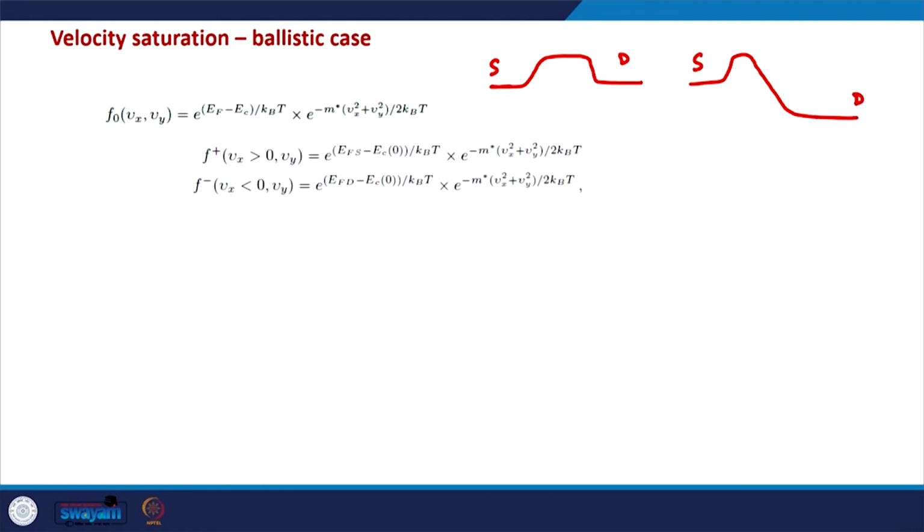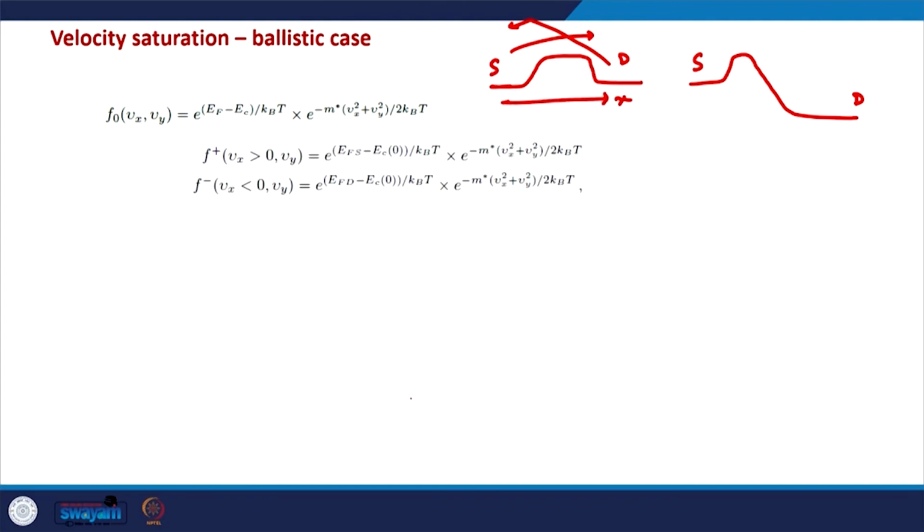So there would be some electrons that will go from source to drain, and there would be some electrons that would go from drain to source. So some electrons will be traveling in positive x direction and some electrons will be traveling in negative x direction, and the channel is along the x direction.